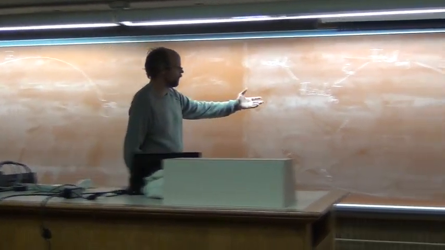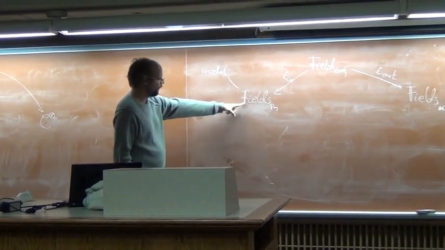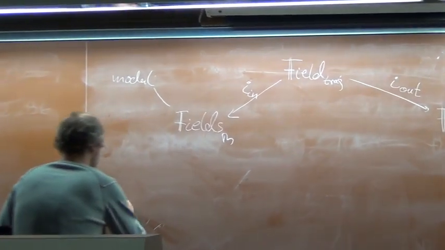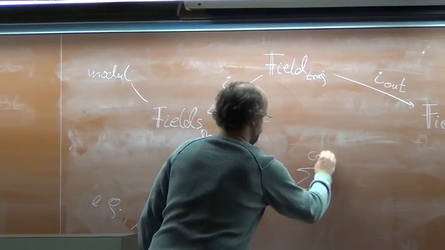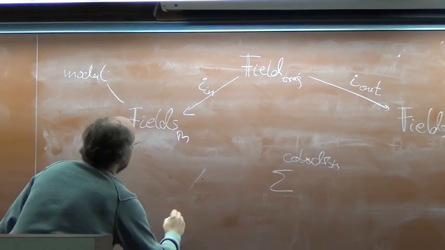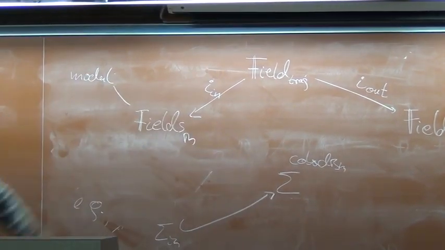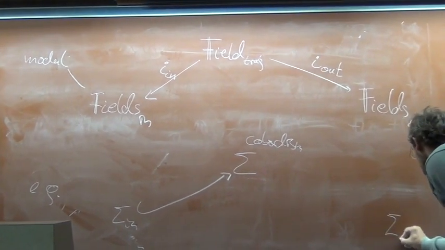In the end, at the moment I'm just writing down explicit fields, but if you fix one field without subscript, and you fix a cobordism, sigma, of manifolds from an incoming manifold, sigma in, which I include as part of the boundary component, and an outgoing manifold, sigma out.